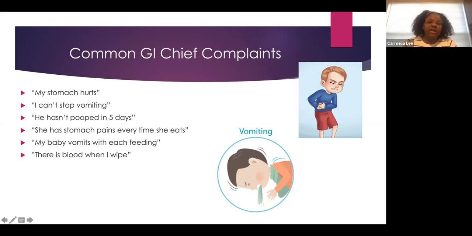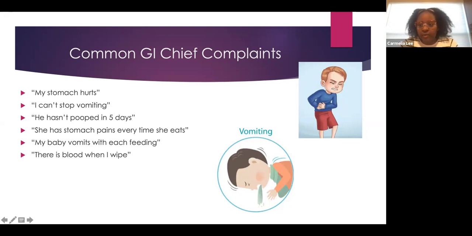That can be the initial complaint, overlapping again with our UTIs. It can be even seen with ear infections, stomach bugs, constipation. So a lot of different things will present itself with my stomach hurts.